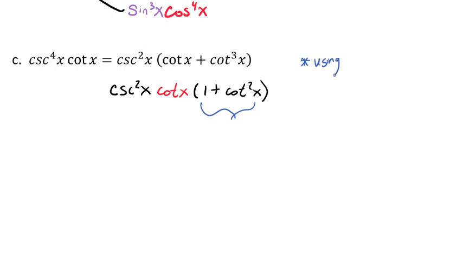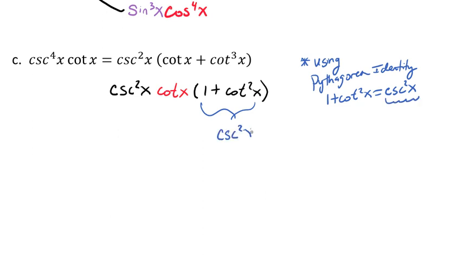Then, using our Pythagorean identity, we see that 1 plus the cotangent squared of x actually equals the cosecant squared of x. So we can plug that in. So what we have is the cosecant squared of x times the cotangent of x times the cosecant squared of x.